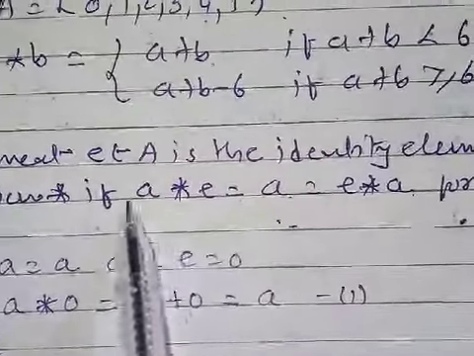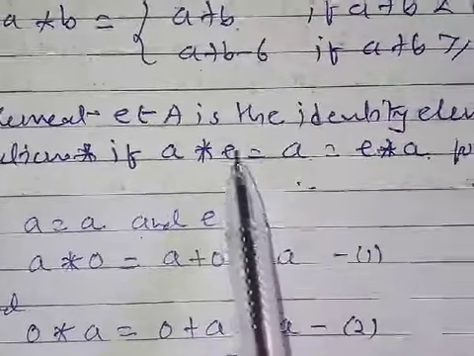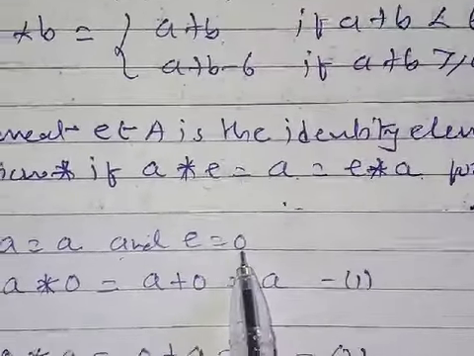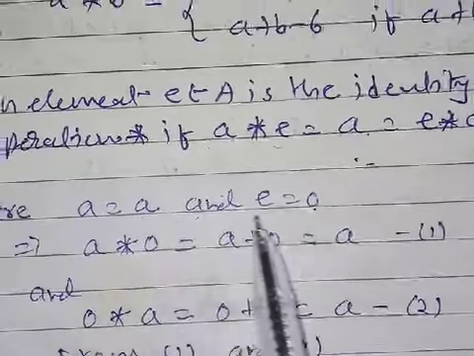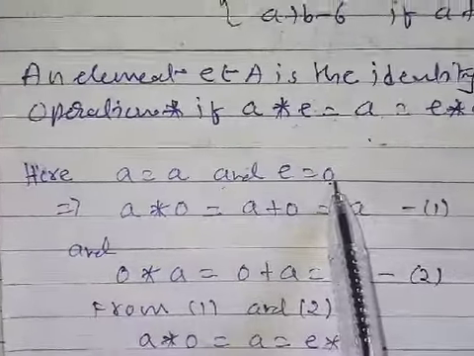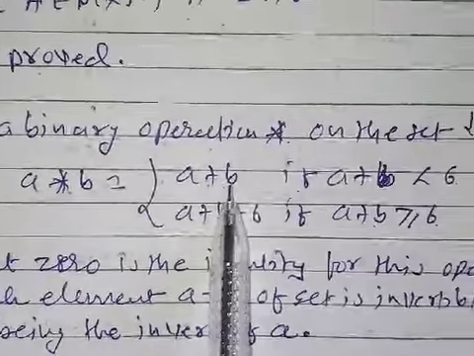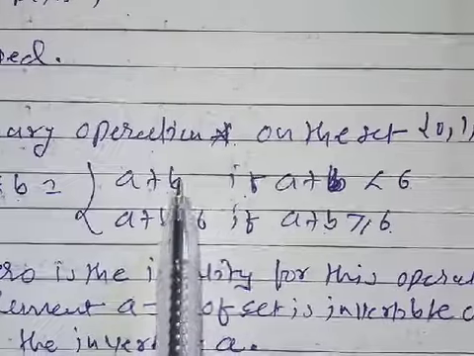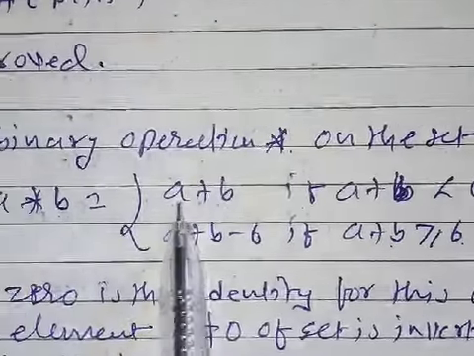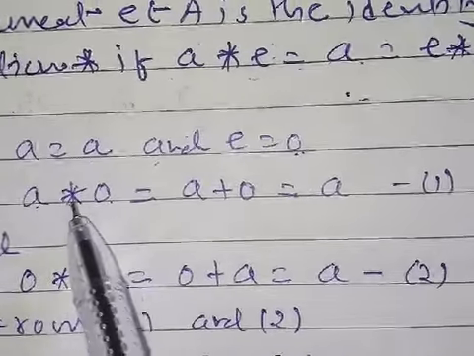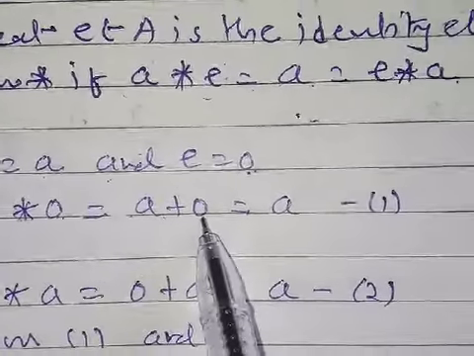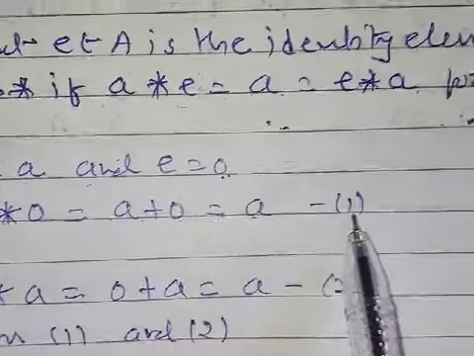So in place of A is A, and in place of E is 0. This is less than 6, so what operation is given? A star B is A plus B. In place of B is 0, and in place of A is A. So A star 0 is equal to A plus 0, which is A, first.